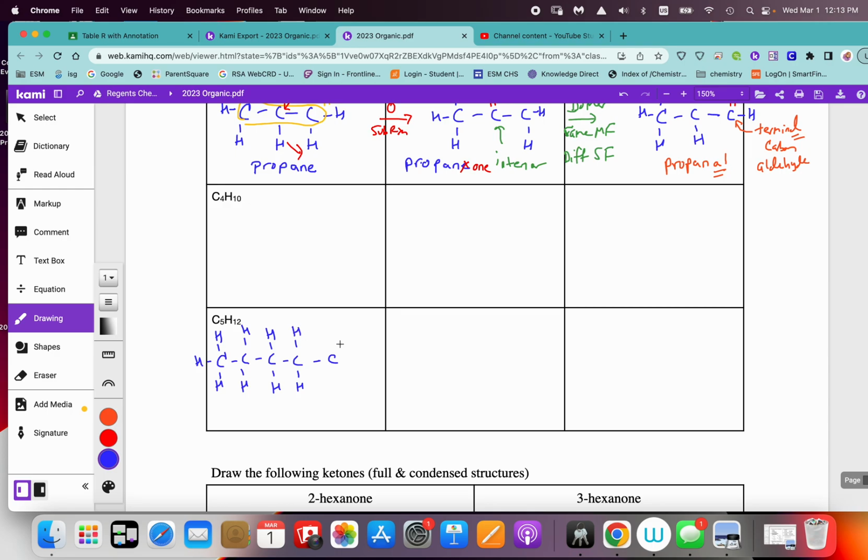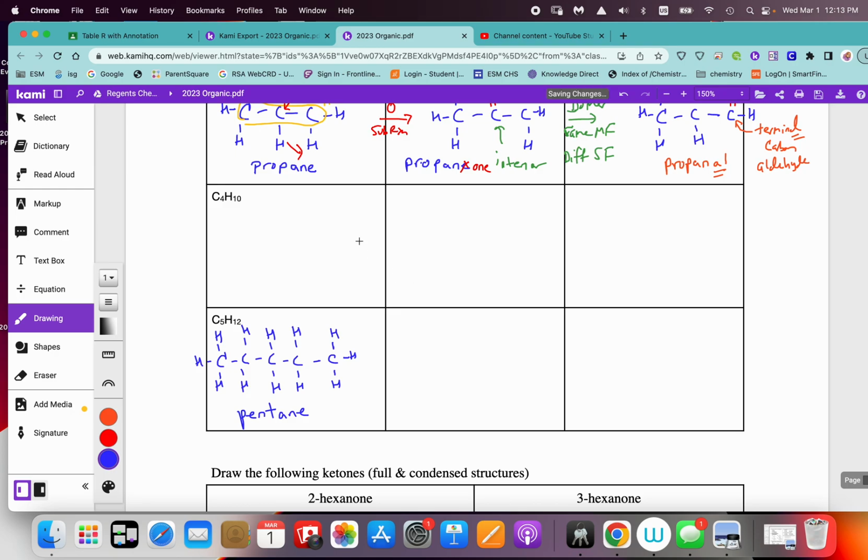So this is the simple hydrocarbon straight chain pentane because N equals 5. So this is pent, 5 carbons, and it's ane because they are single bonded to each other.